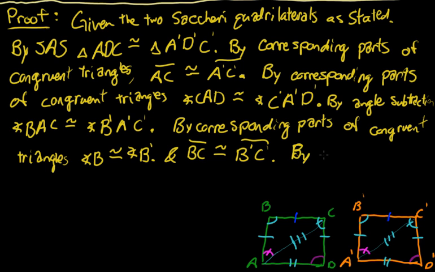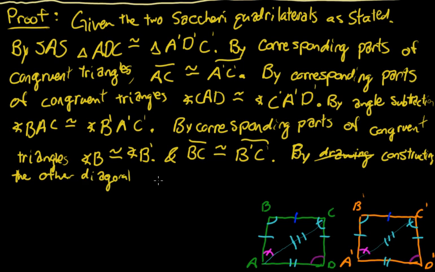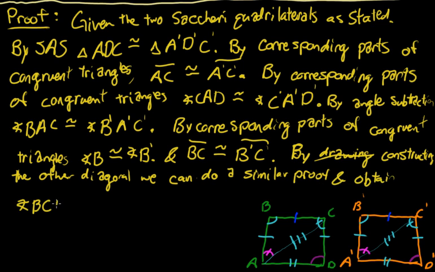We'll just take a shortcut and say by constructing the other diagonal, we can do a similar proof, which is just the same proof as we just did there, except backwards, and obtain angle BCD is congruent to angle B prime C prime D prime.